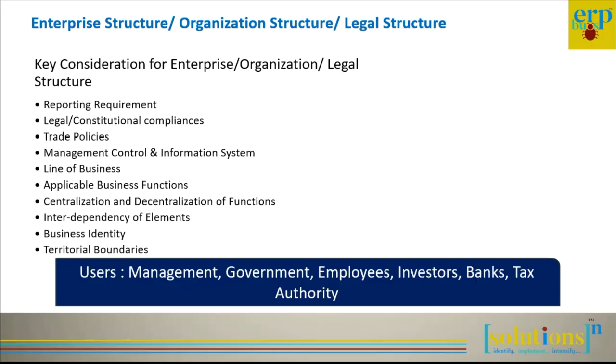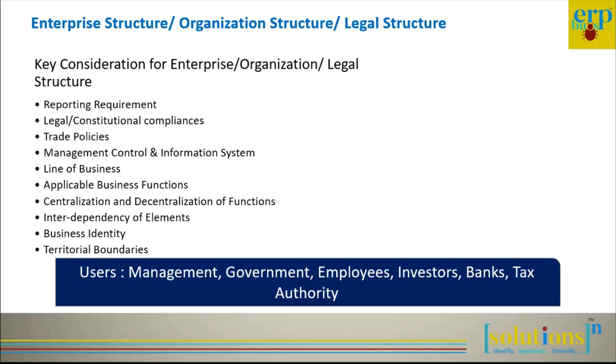Now, your structure should accommodate the business with this type of structure, based on identification and nature of your business. Then what are the trade policies? You cannot do business in this area, you can do business in that area. All this is considered a critical decision point for the organization to define the structure.